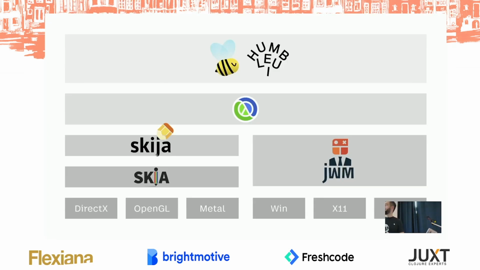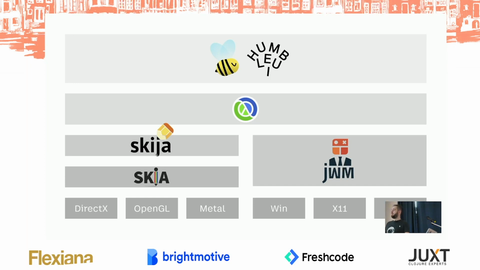So this is again the same stuff. I think this works. The same diagram, just now that you kind of know what's what. So this is graphics hardware drivers for your computer. On top of it is Skia with Clojure.